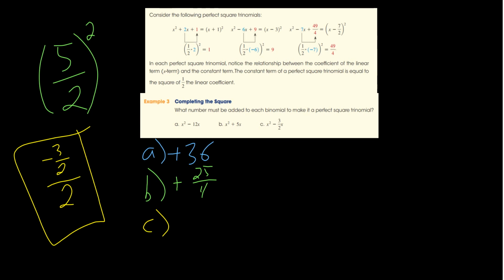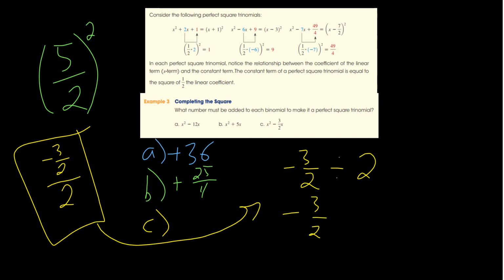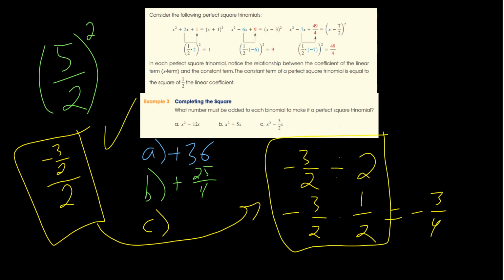But this is just saying negative 3 halves divided by 2, which we know, when we divide fractions, we multiply by the reciprocal. So this is just negative 3/4. Try to remember this step whenever you look at this.